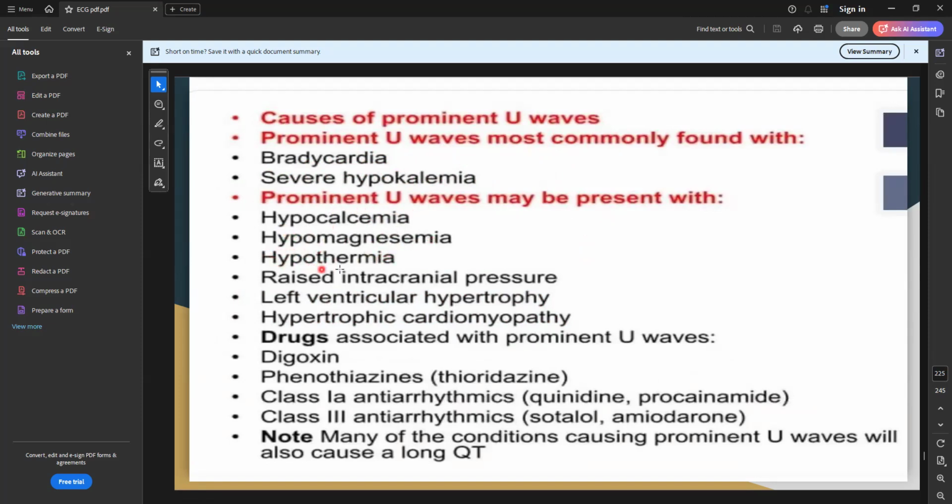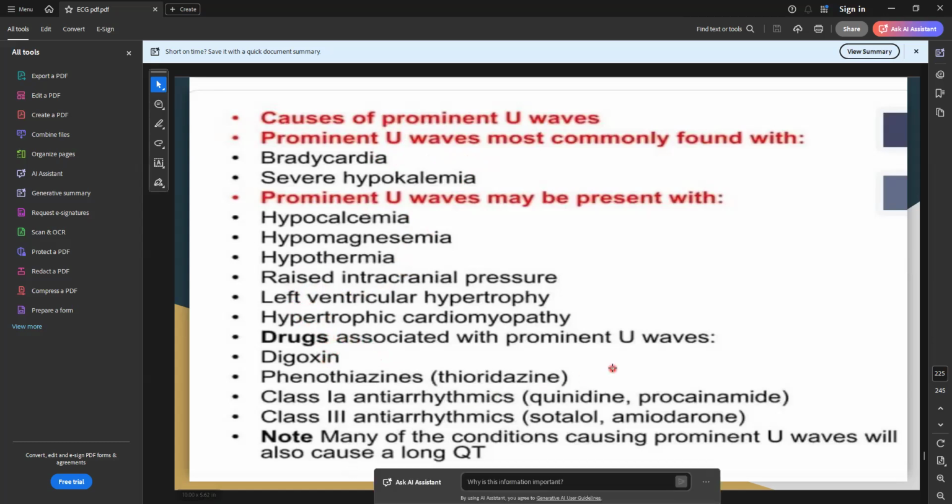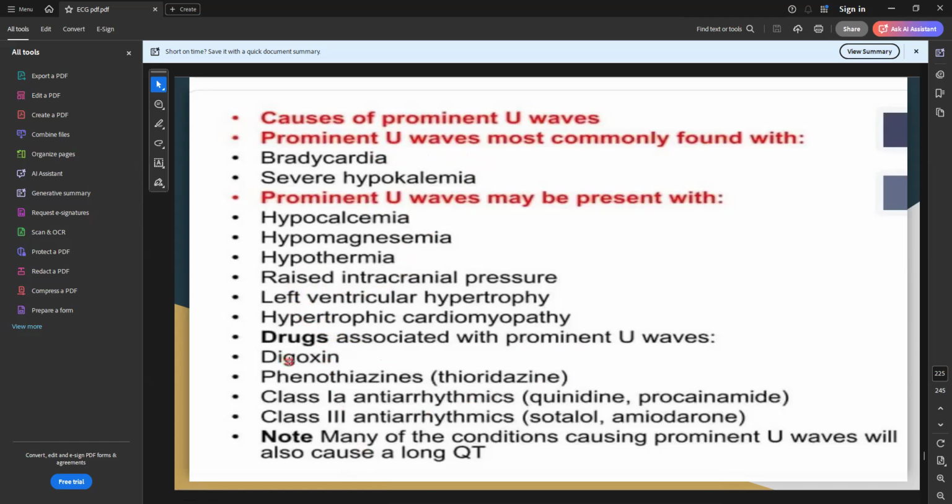You have to note down here, in hypothermia, there are prominent U waves along with the QT variations. And in case of raised intracranial pressure, left ventricular hypertrophy, hypertrophic cardiomyopathy, and in patients on the following drugs, you can see the prominent U waves: patients on digoxin, phenothiazines, class 1A anti-arrhythmics, class 3 anti-arrhythmics.